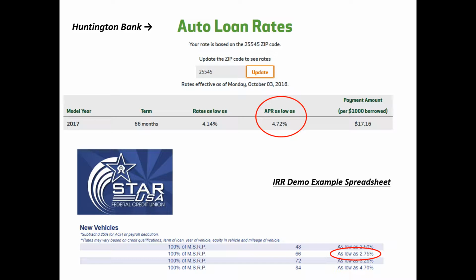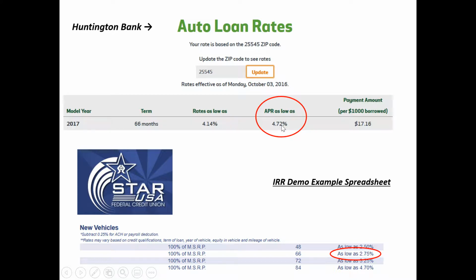And so just as an illustration of that, a couple of years back, I went to the website of Huntington Bank and Star Federal Credit Union. And I just did a screenshot that day to find out what were the loan rates that they were charging for a 66-month loan. So if you're buying a car and you finance it over 66 months, at that time, Huntington Bank wanted 4.72%.